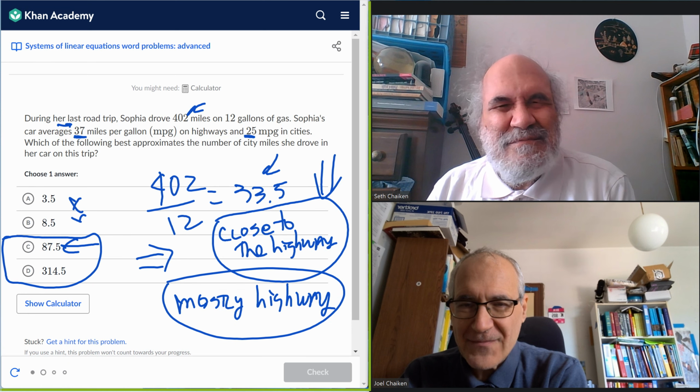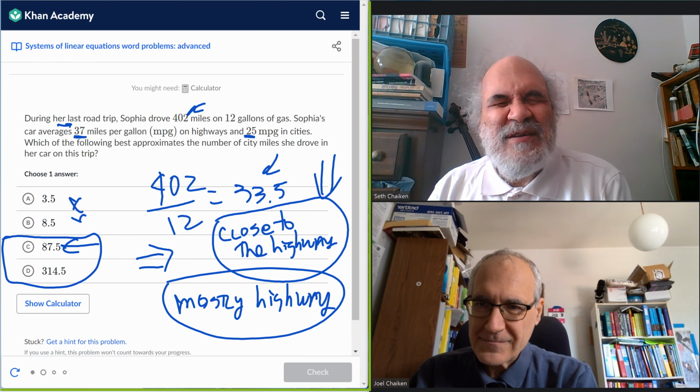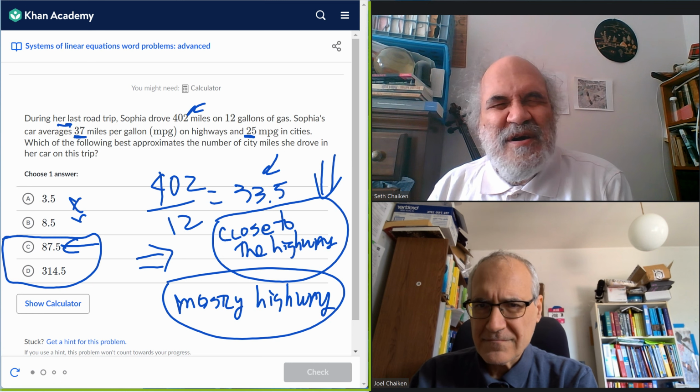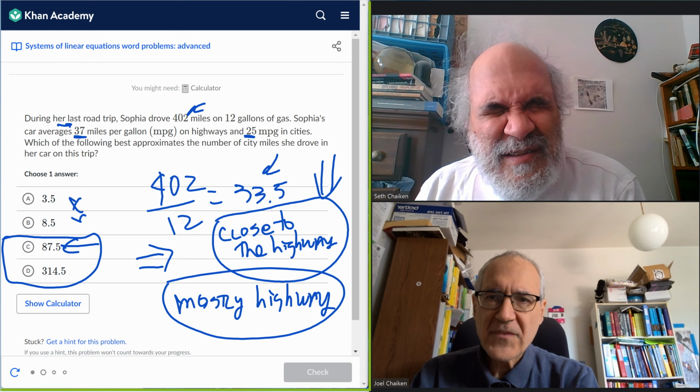37 and 25 there. Yes, well, the A and B distractors are the corresponding numbers of gallons used in the city and the highway.